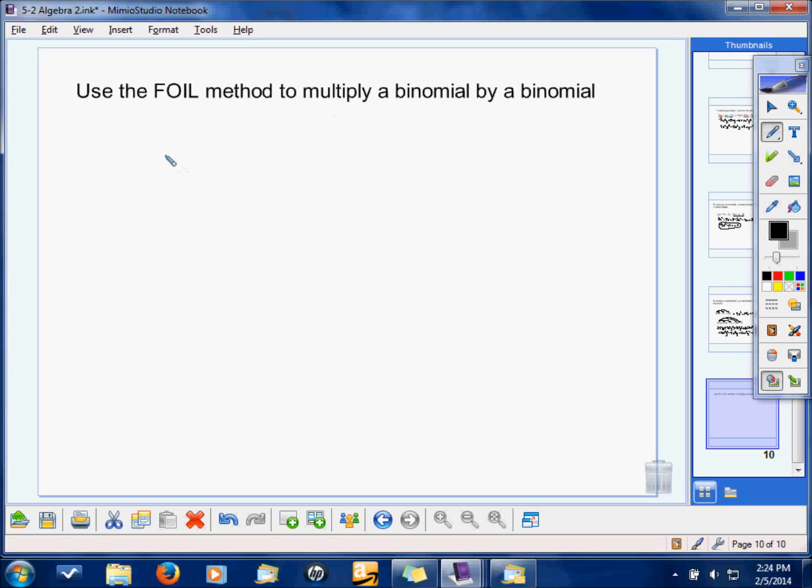Okay, so we're going to take a look at these two binomials. Okay, here's a binomial, here's a binomial. Binomial because this one has two parts that are added, this part has two parts that are subtracted. Okay, you could have an add and an add or a subtract and a subtract.